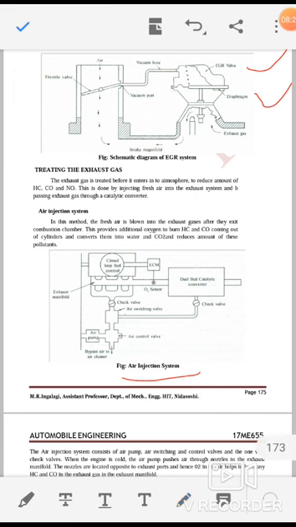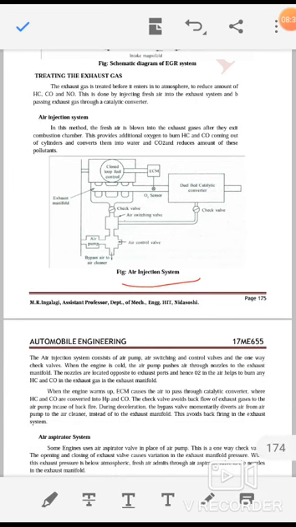The air injection system consists of an air pump, air switching and control valve, and the one-way check valves. You may observe here that we have one-way check valves. When the engine is cold, the air pump pushes air through the nozzle to the exhaust manifold.